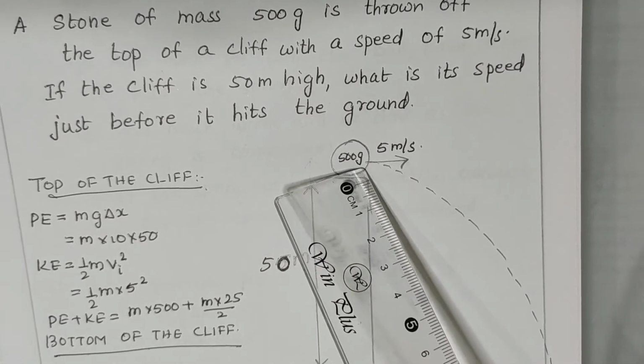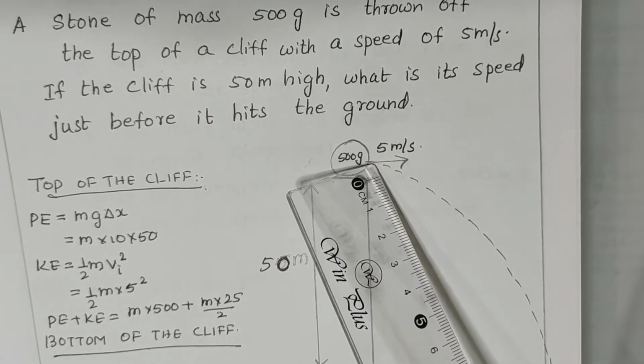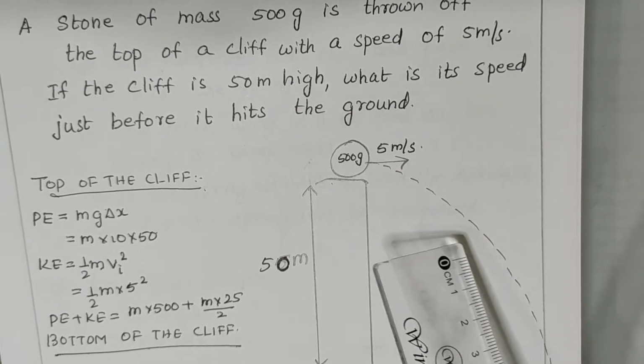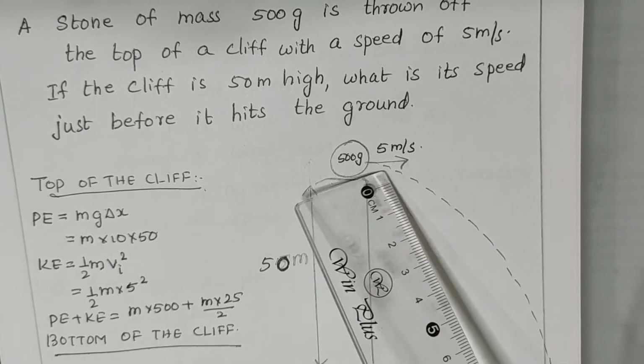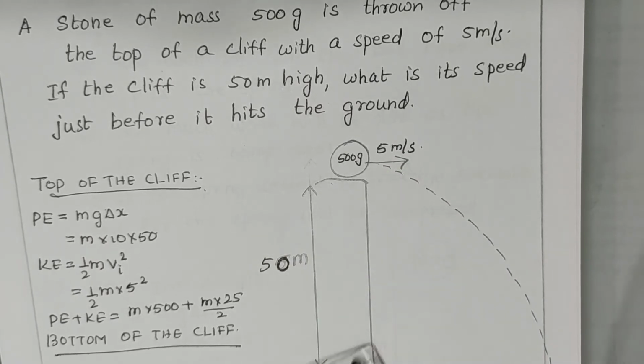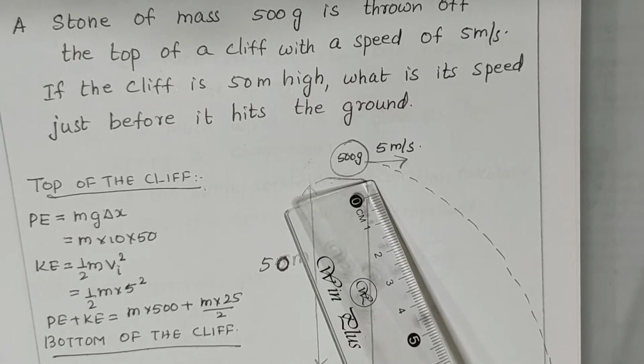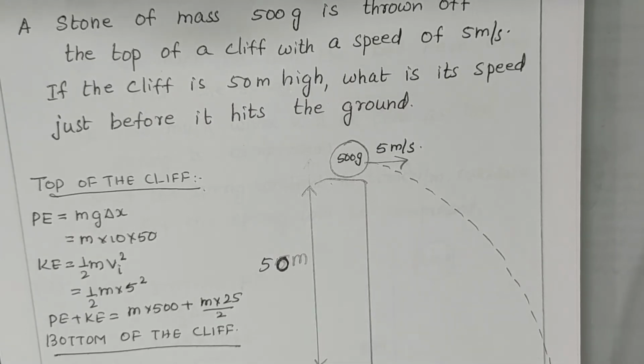So initially it had potential plus kinetic. Because it was projected with a velocity 5 meters per second, it had kinetic energy. It is placed at a height 50 meters from the ground, so it had potential energy.